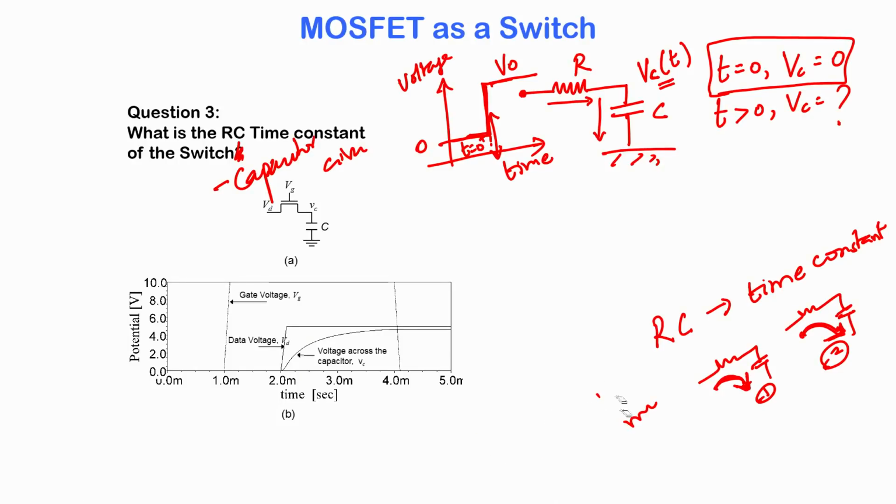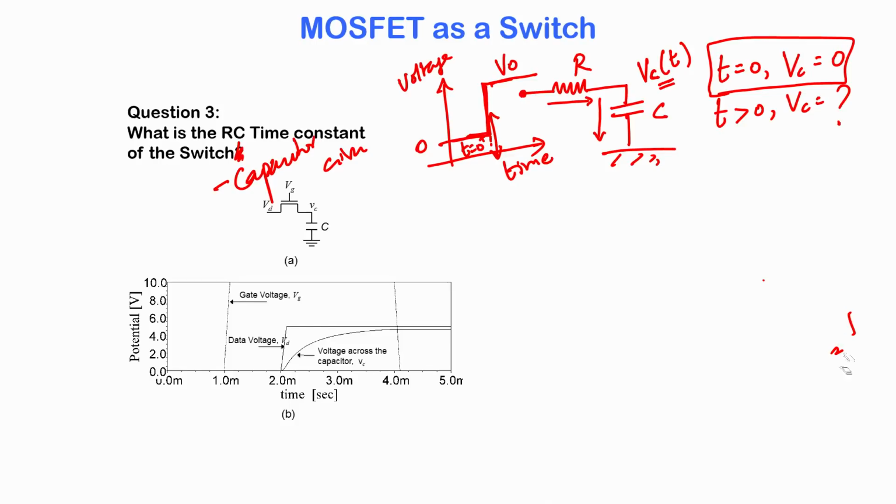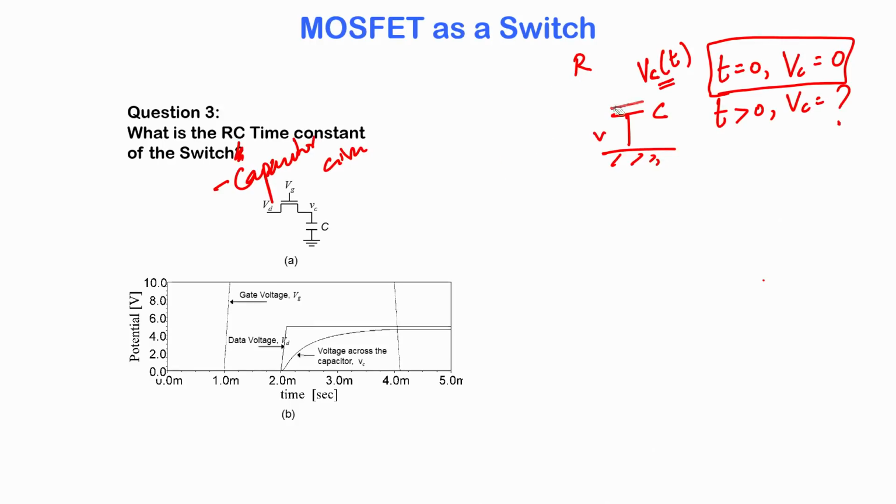So, we need to find the RC time constant. What is the time constant of the switch capacitor circuit with the MOSFET? That is the purpose of this slide. After this discussion the answer is quite simple: it is simply the output impedance of the MOSFET multiplied by the capacitance, and that gives you a good enough answer.